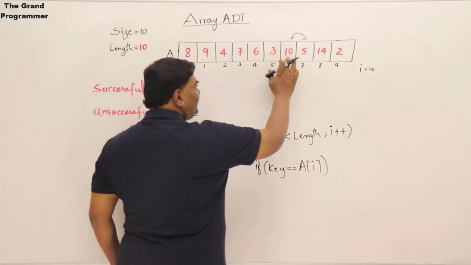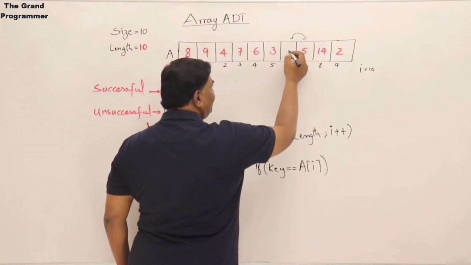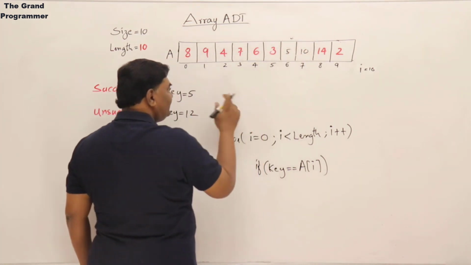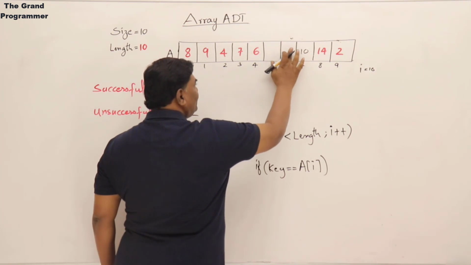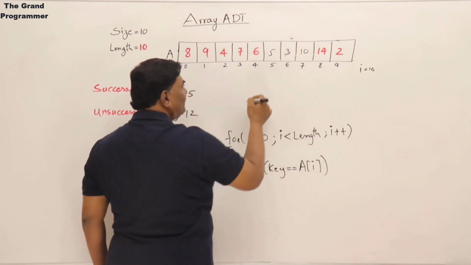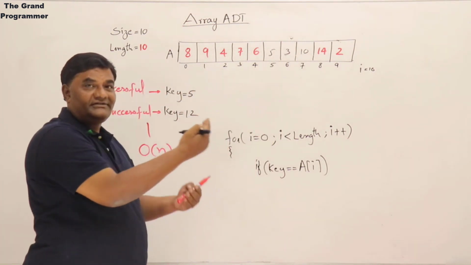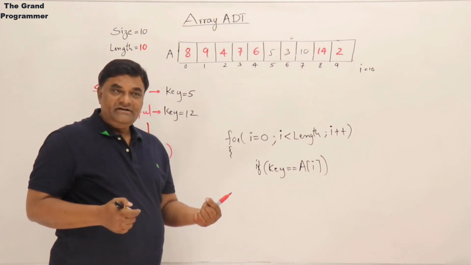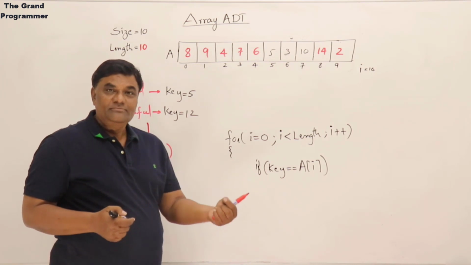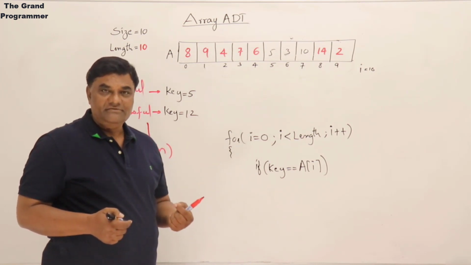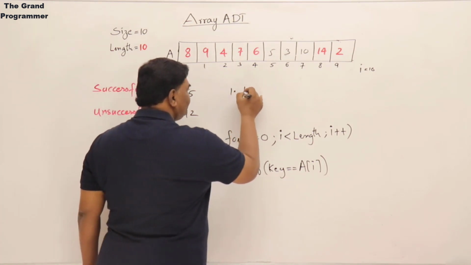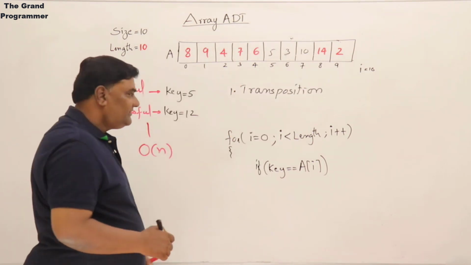Now 5 is moved here and 10 is moved here. So let us write like this, 5 and then 10. Now again if you are searching for 5, then 3 will go there and 5 will come here. So if you again search, it will again move closer. So you can move a key element which is repeatedly searched one step forward. This method is called transposition.